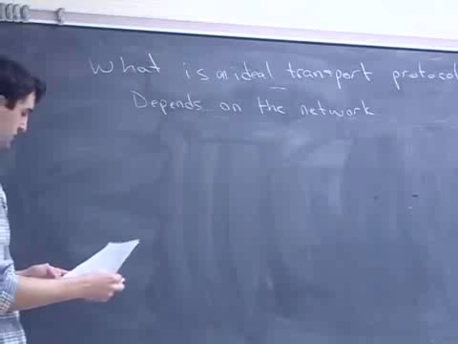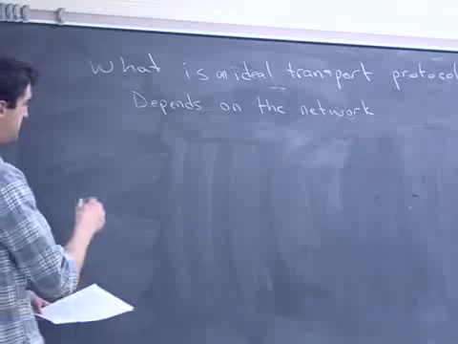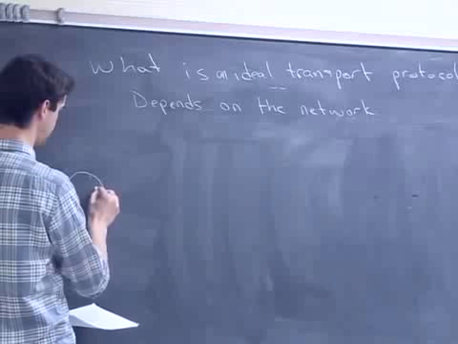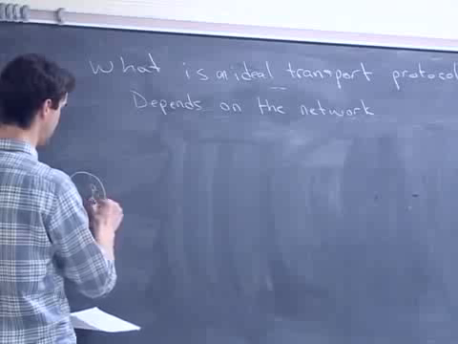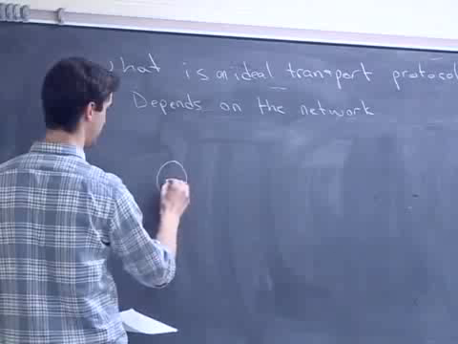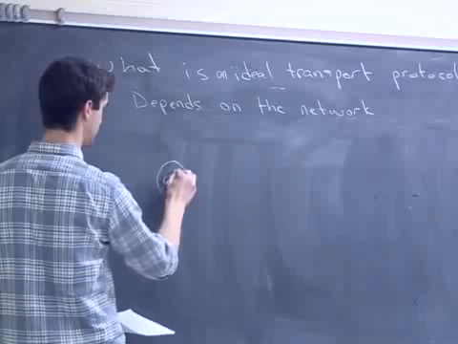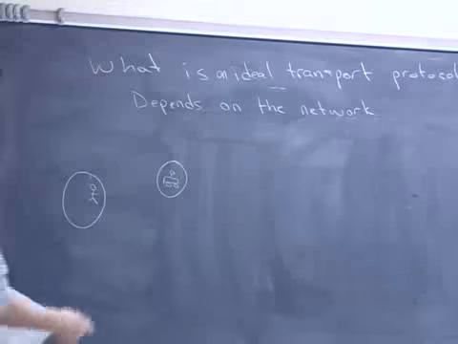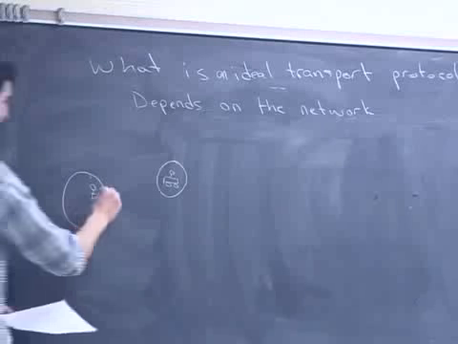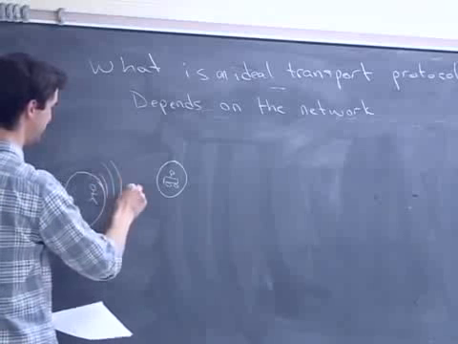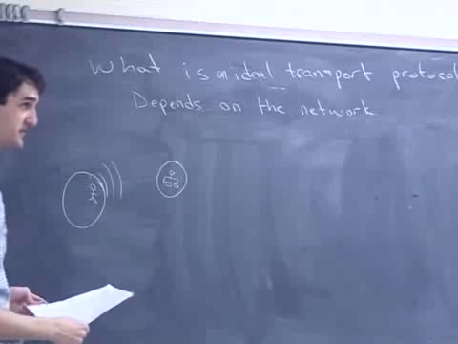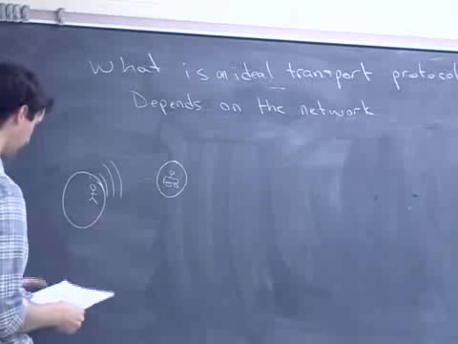As an example, let's suppose that our network is, we have a person on Earth, and they want to communicate with a rover on the moon. It's supposed to be a little rover that runs around and collects samples and so on. They have some radio waves that they transmit to the moon, and then this rover can send things back to NASA or someone on Earth.